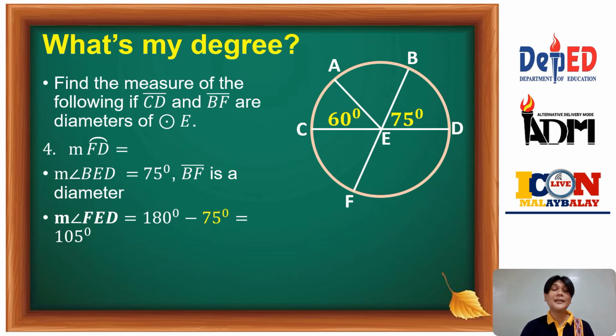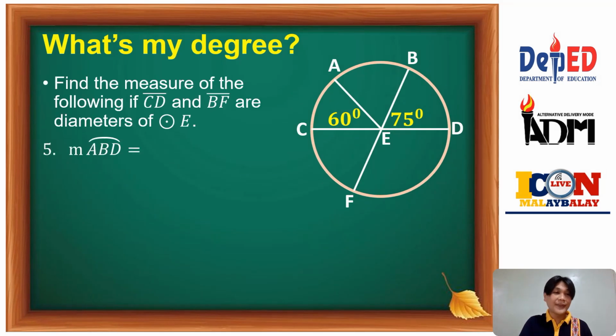We can directly solve it because the measure of arc BD is 75 degrees also by definition 1. Subtracting 75 degrees from 180 degrees, it is equal to 105 degrees. That is the measure of our arc FD, and the same measure for our angle FED. That is how we solve for the measure of arc FD.